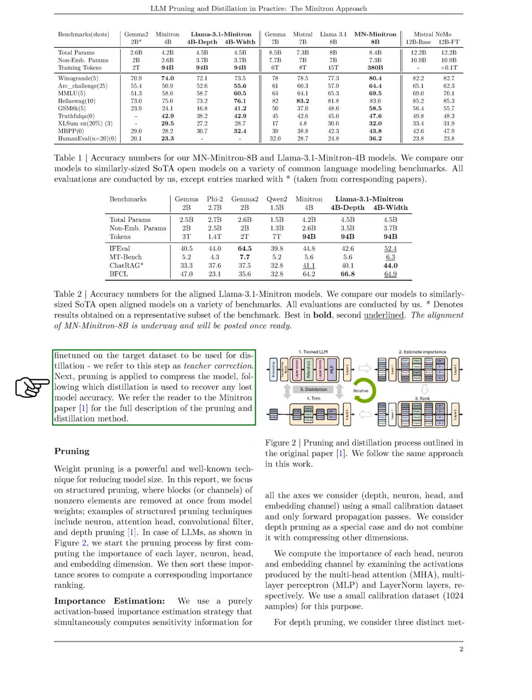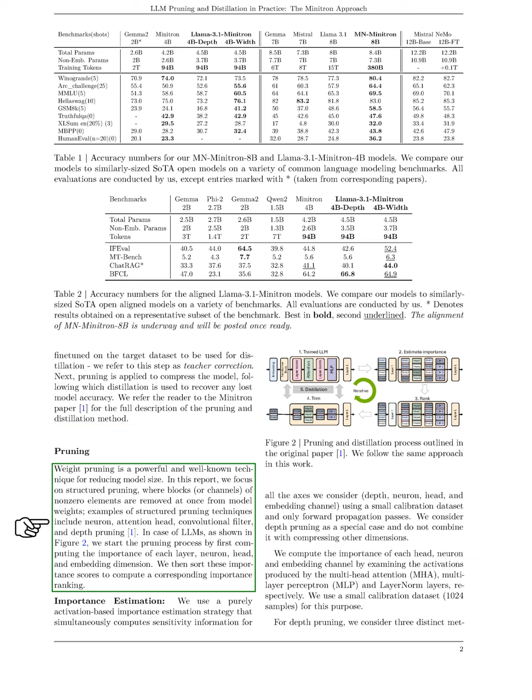Our methodology begins with lightly fine-tuning the teacher model on the target dataset, which we refer to as teacher correction. We then apply pruning to compress the model and use distillation to recover any lost accuracy. For pruning, we focus on structured pruning, where we remove blocks of non-zero elements from the model weights. We assess the importance of each layer, neuron, head, and embedding dimension using a small calibration dataset.